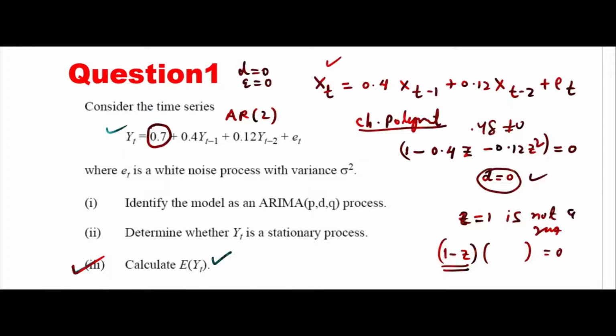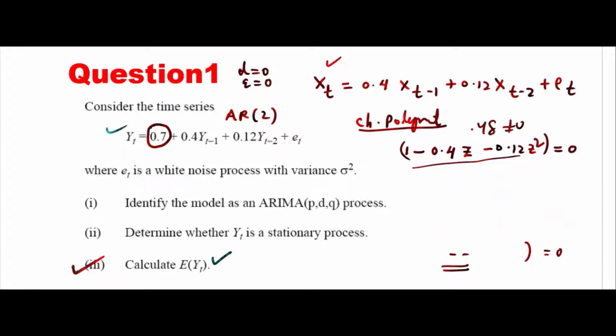You just put z equal to 1 and see. If it becomes 0, then there is at least 1 D, and you have to apply differencing. Then again you put z equal to 1 and see whether the left hand side becomes 0. If that is so, D will be 2. That way you have to proceed. But in this question, fortunately, there is no D. So yes, your answer is correct, AR2. But not randomly, you have to check it.